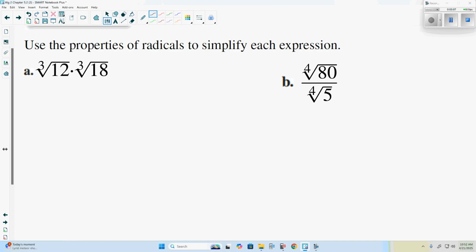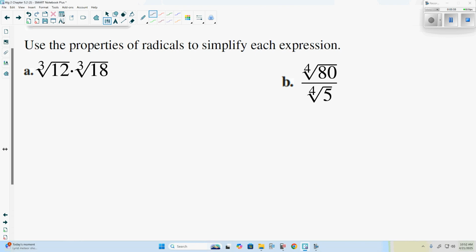Now, the first one we have is the cubed root of 12 times the cubed root of 18. Again, we want to simplify it down to a single term. Now, some of these, yes, the TI-30Xs can simplify it. With square roots, it can simplify it and leave it in radical form. Anything bigger than a square root, so cubed root, fourth root, fifth root, and above, the TI-30Xs will do it as long as it simplifies completely.